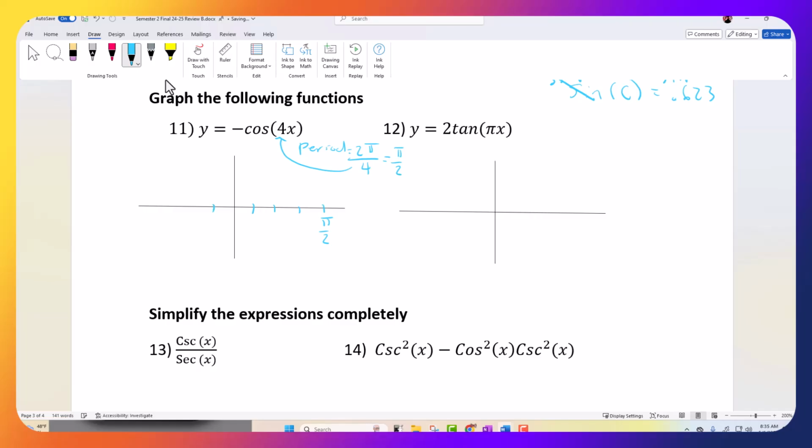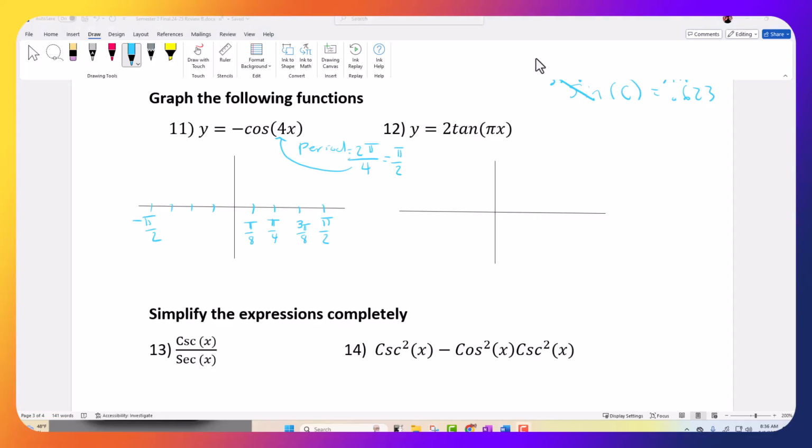Same thing to the left, 1, 2, 3, 4, negative pi over 2. Well, what's half of a half would be a fourth, so this would be pi over 4. What's half of a fourth would be pi over 8. And we get 3 of those to make 3 pi over 8.